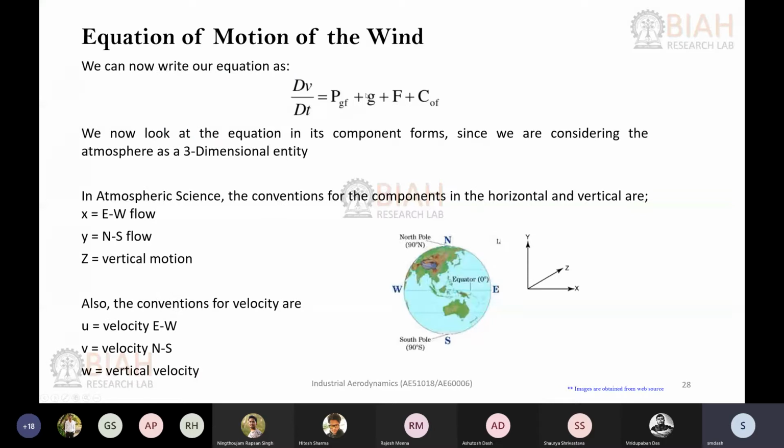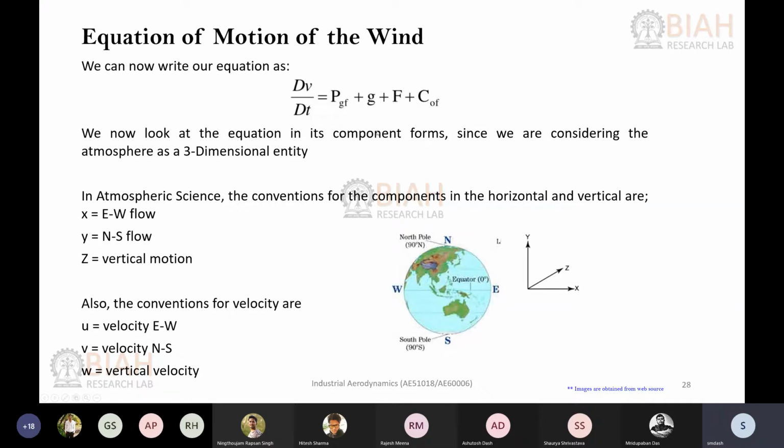Basically we are combining the effect of gravity with the centrifugal force. So we only have four terms here: your pressure gradient force, the gravitational or centrifugal acceleration, whatever you name it, F the frictional force, and the Coriolis force.